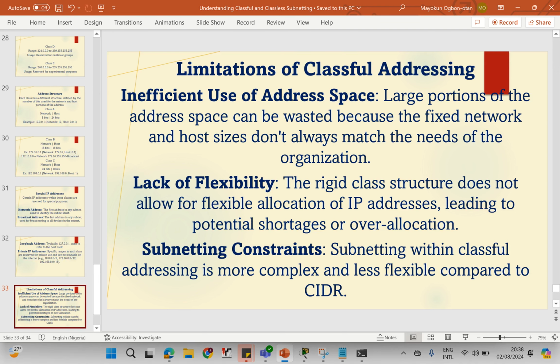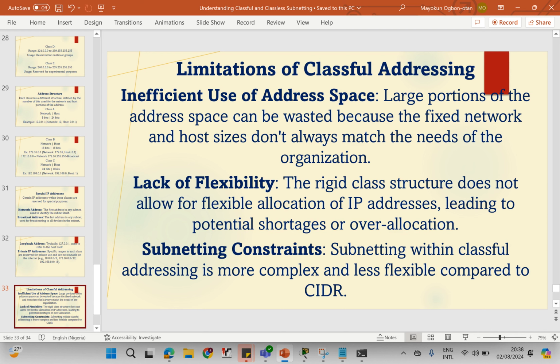So what are the limitations of classful addressing? Inefficient use of address space. You can waste so many IP addresses because you cannot subnet. Maybe you just need 10 IP addresses, then you have to go for maybe Class C and you are going to waste 240 IP addresses.